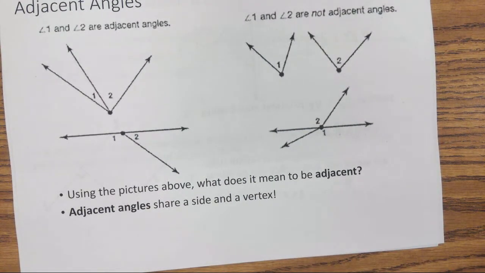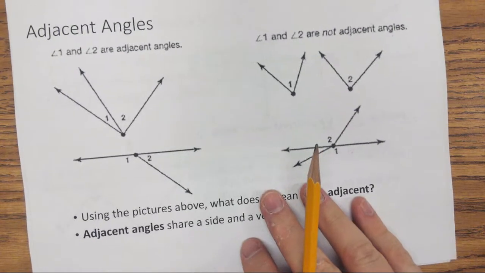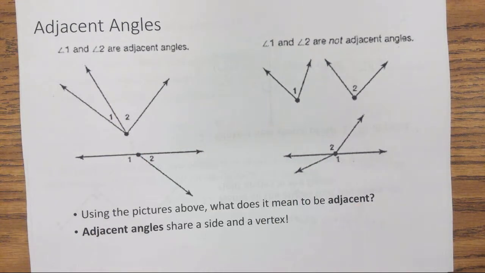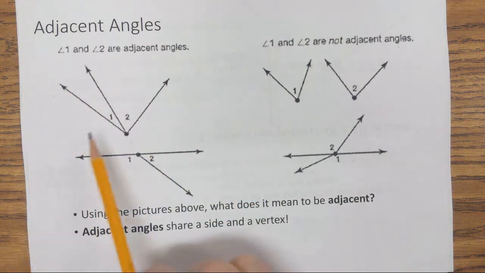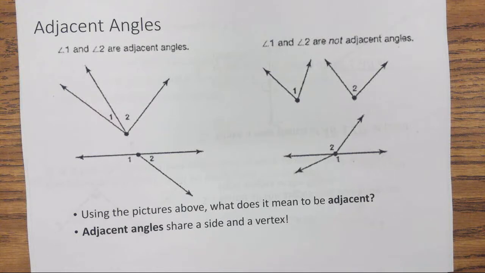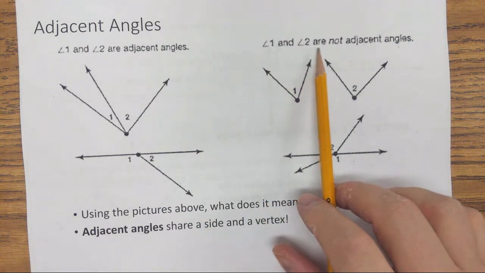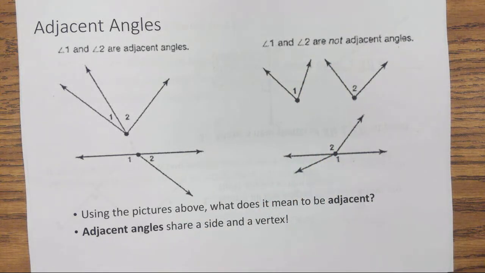Here's something else, a new type of angle that we haven't talked about before called adjacent angles. Here it says angle 1 and angle 2 are adjacent angles. Here's angle 1 and angle 2 are adjacent. Here it says angle 1 and angle 2 are not adjacent.